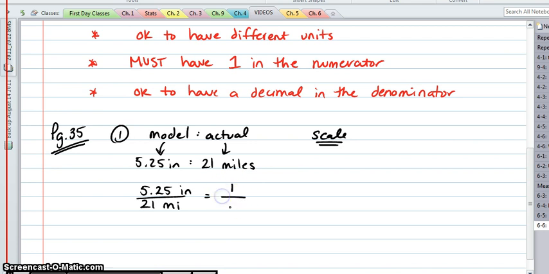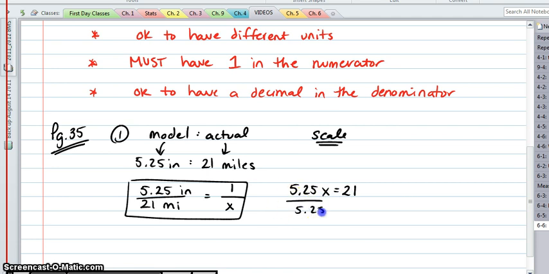So basically I want to have 1 over some number. By setting up this proportion, I can solve it using the cross product. Then I can divide both sides by 5.25. This is where you may use your calculator for this calculation.